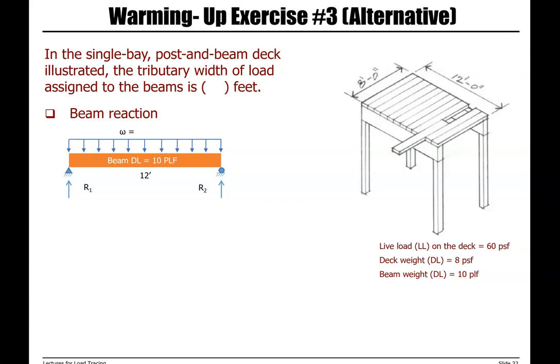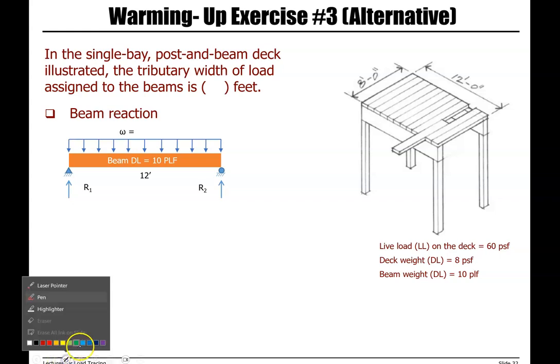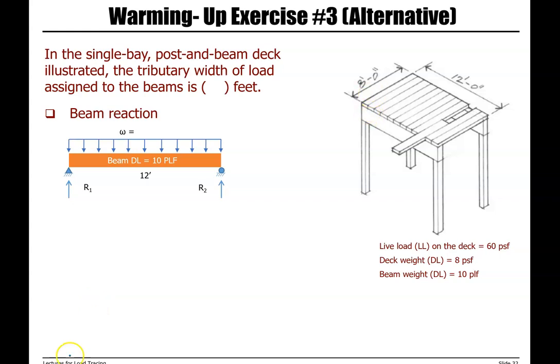There's another way to solve the problem. In the previous slide, we looked at free body diagram of a plank, free body diagram of a beam, and then we looked at the column. There is an alternative way to solve the problem, and in this method, we skip free body diagram of plank. We look at the beam. So we are looking at our beam, and we say that we have an area.